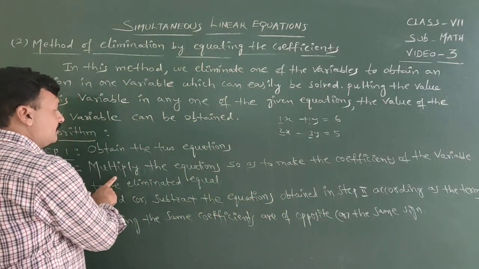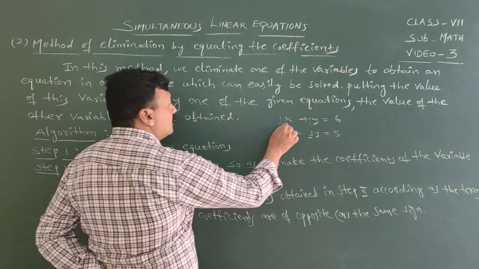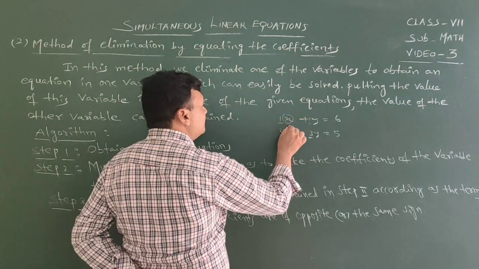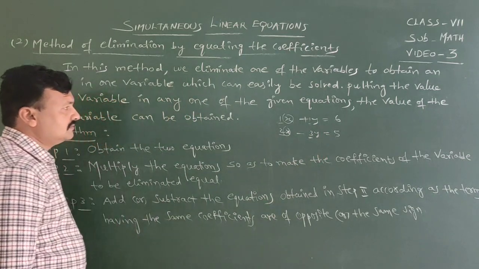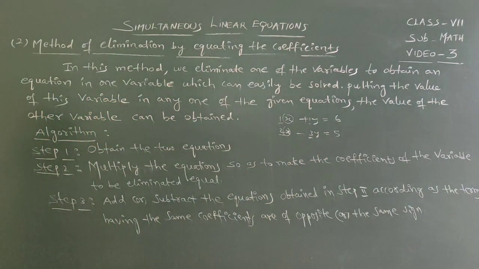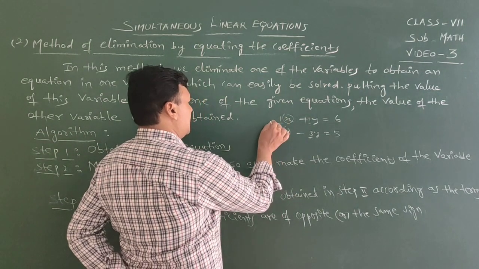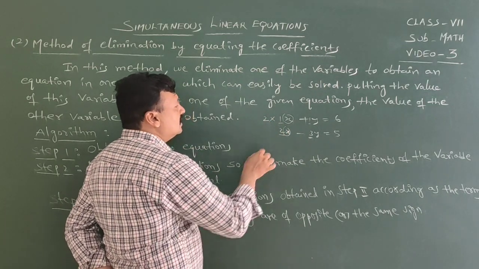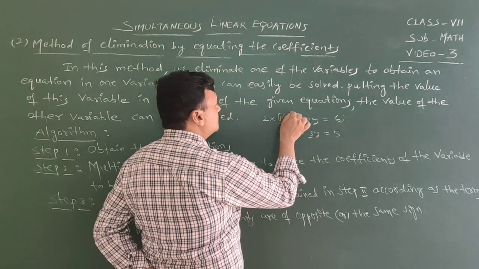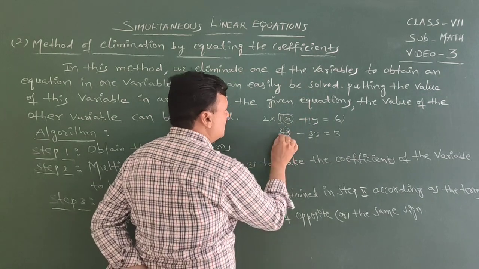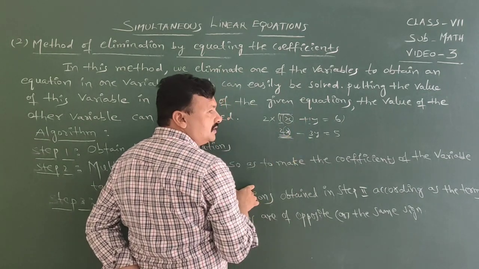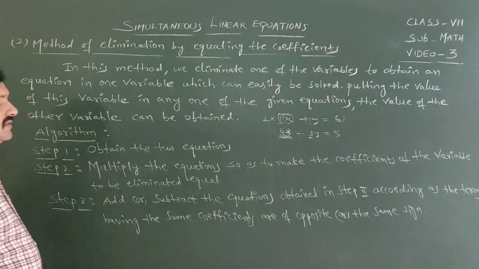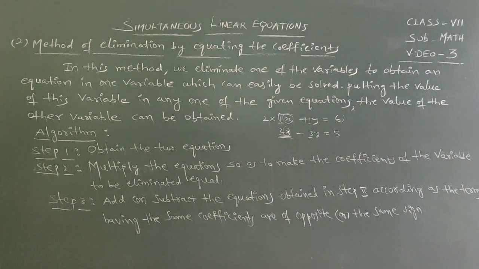Either the x coefficient or the y coefficient we need to multiply so as to make the coefficient of the variable to be eliminated equal. For example, this coefficient will be multiplied with 2, then it becomes 2x. Now here also we have 2x.